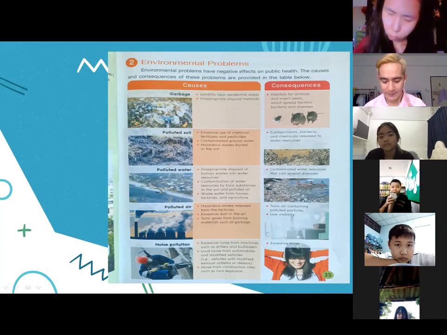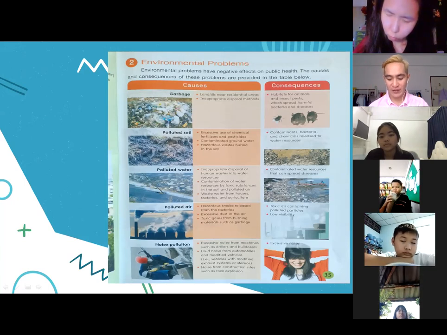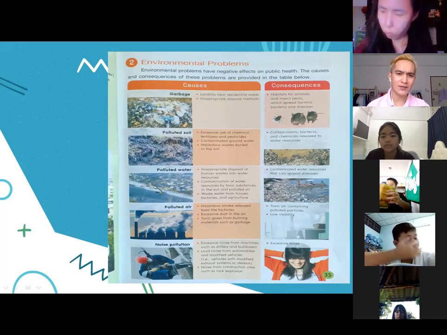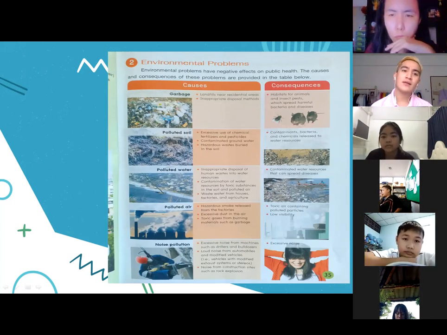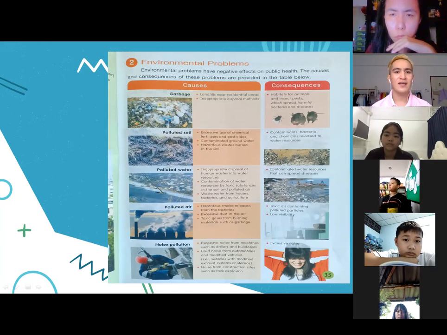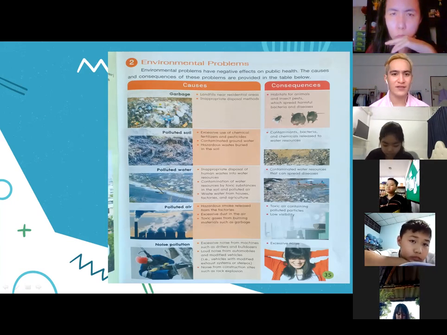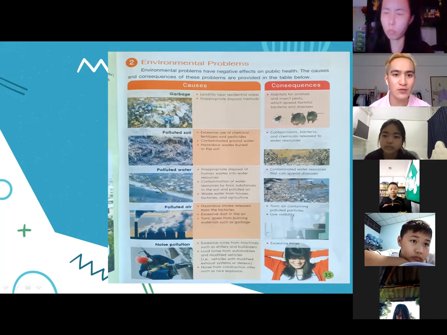So that is one. Number 2, contamination of water resources by toxic substances in the soil and polluted air. This is what I'm talking about. The fertilizers that some of the people have been using, or the manufacturers or the factories, the chemicals that they are producing, and they just throw it in the ocean, in the rivers, wherever they want to.